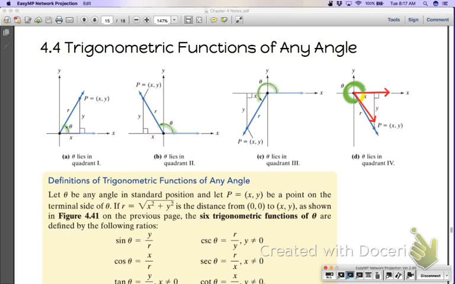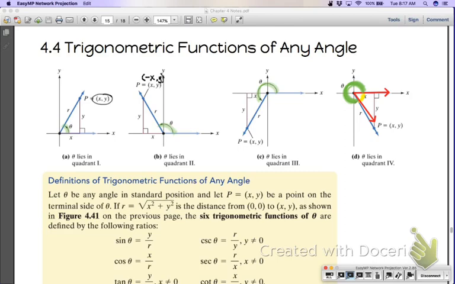Whenever we do this, remember a few things we've already talked about. Everything in quadrant 1 is positive. There's some of this in the notes, but we'll talk about it now. The point in quadrant 2 is going to be negative x and positive y.